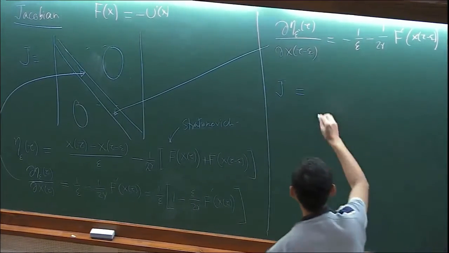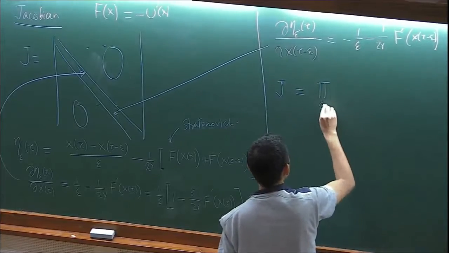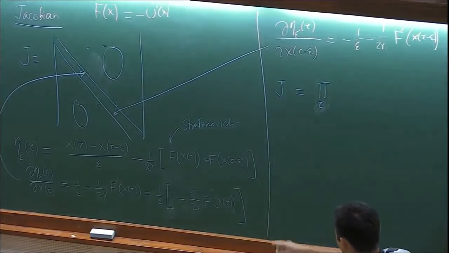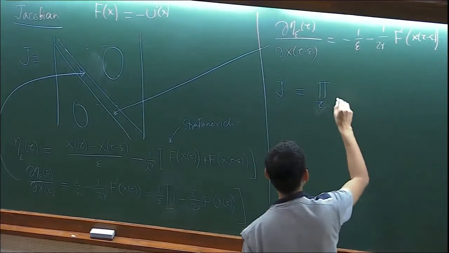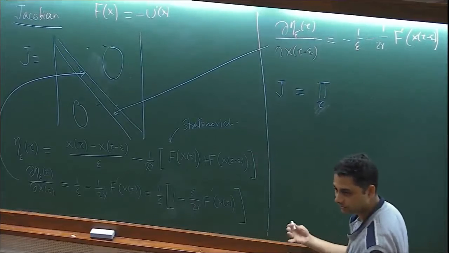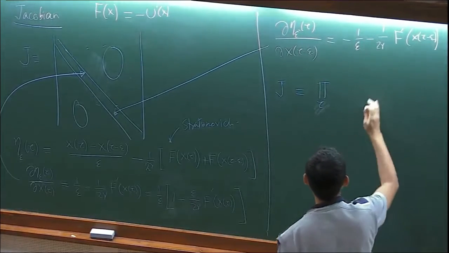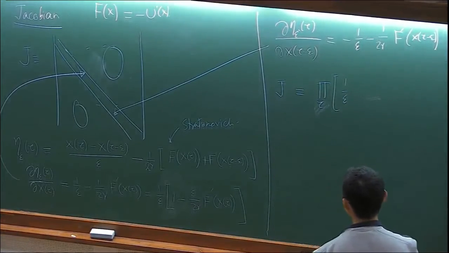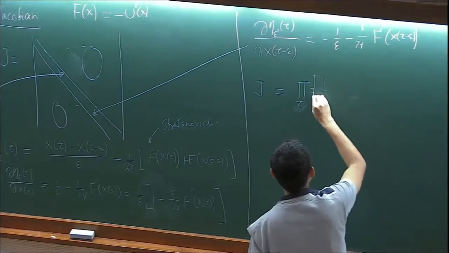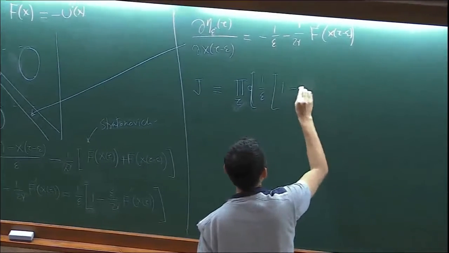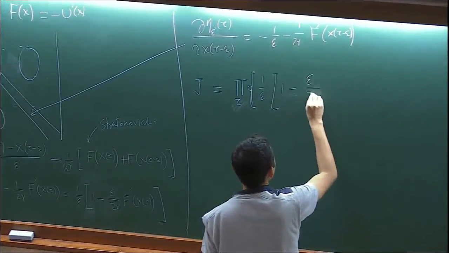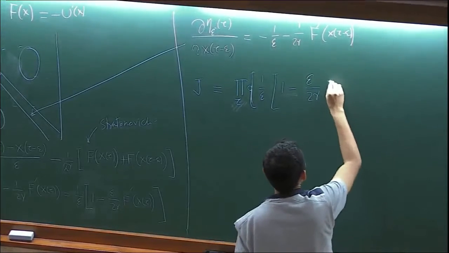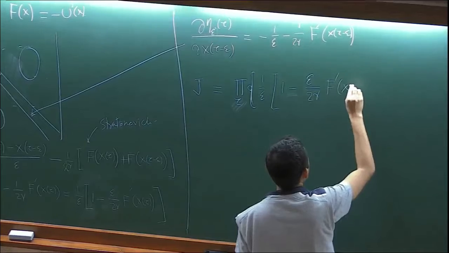So this is a product over tau at different times, and there is a 1 over epsilon coming from each of those. Then 1 minus epsilon by 2 gamma f prime of x.